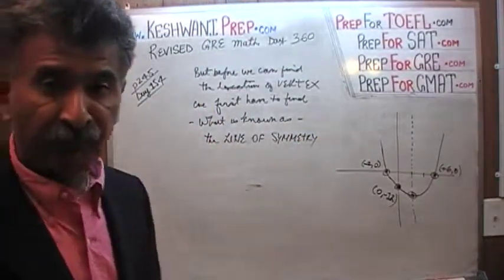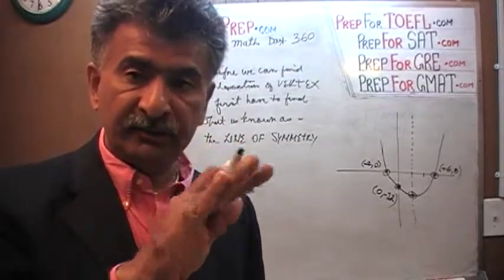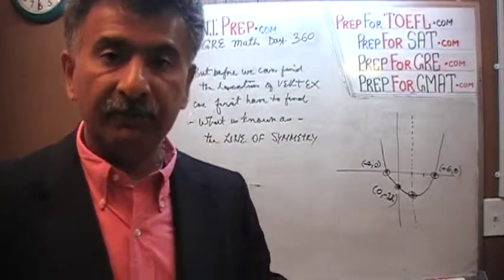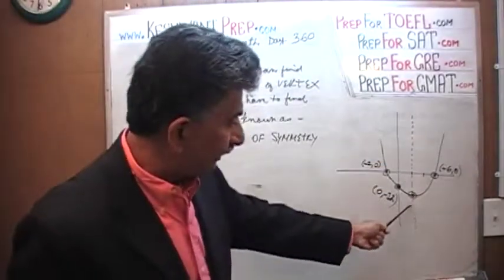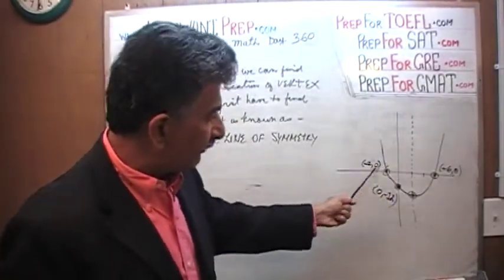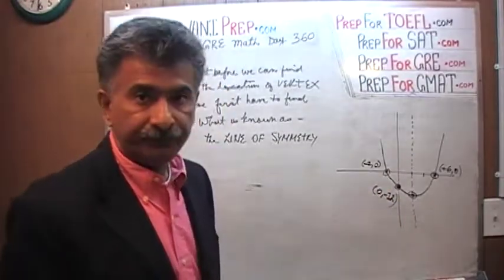The line of symmetry, of course, is so called because the two sides on either side of that line are symmetrical. That's why it's called the line of symmetry. It's like a mirror. It's right here. That's our line of symmetry. Everything that we see on the left hand side of that line is symmetrical to everything on the right hand side.